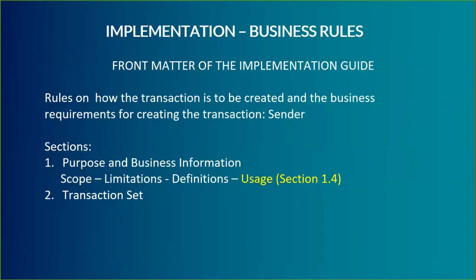Within that section, you'll have subsections. As a matter of fact, they get a little bit ridiculous. It'll be like 1.4.1.2.3.4. So it'll really go into a lot of detail, but it's very important that you understand that's where you get how to use this transaction, what things are really allowed from a business sense, and what things are disallowed.